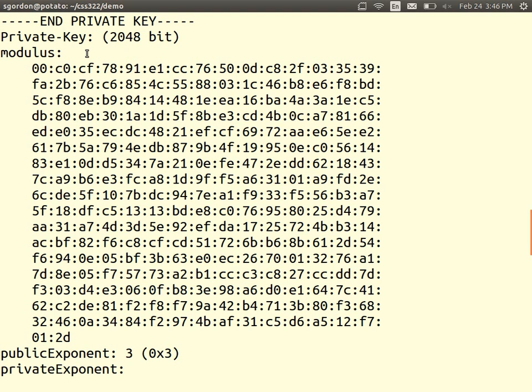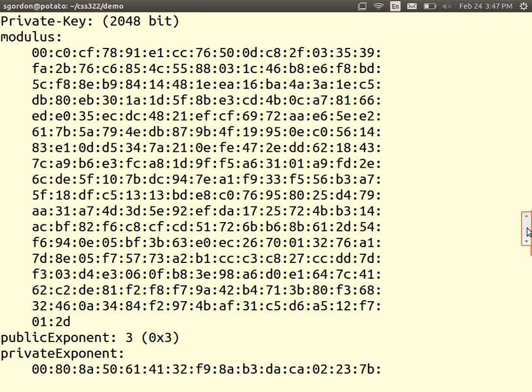It's 2048 bits long, the modulus, and those bits are here given in hex. So this is the actual value of n given in hexadecimal. Down the bottom is e, the public exponent, remember we raised to the power of e, 3 in decimal. So e is very small in that case.